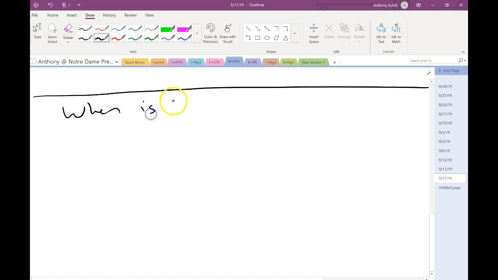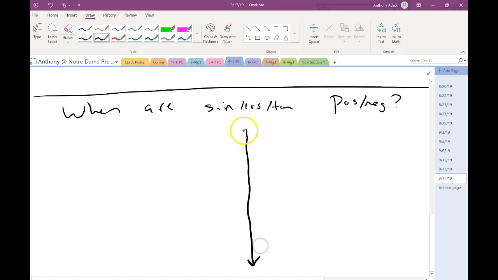We might want to ask ourselves, when are those values for sine, cosine, and tangent positive or negative? That's an obvious question you want to ask. And as you might have guessed, it's probably related to what quadrant the terminal side of our angle falls in.